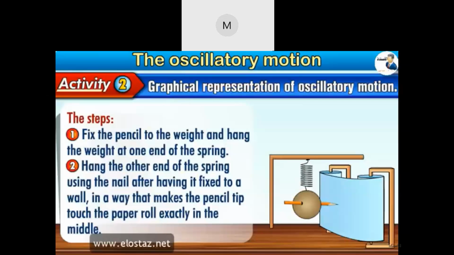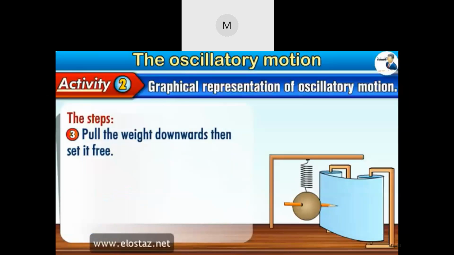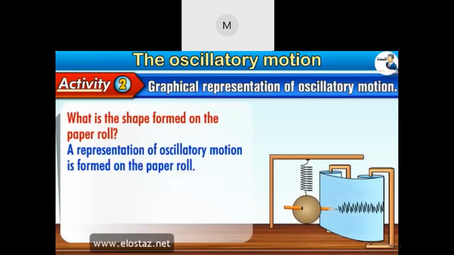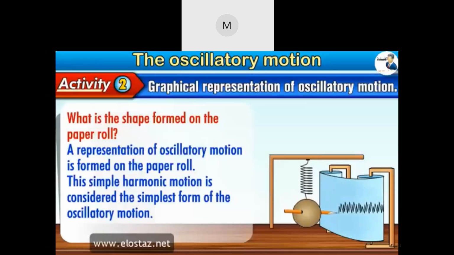Hang the other end of the spring using the nail after having it fixed to a wall, in a way that makes the pencil tip touch the paper roll exactly in the middle. Number 3. Pull the weight downwards, then set it free. Don't forget to wind the paper roll regularly. What is the shape formed on the paper roll? A representation of oscillatory motion is formed on the paper roll. As you notice, this simple harmonic motion is considered the simplest form of oscillatory motion.